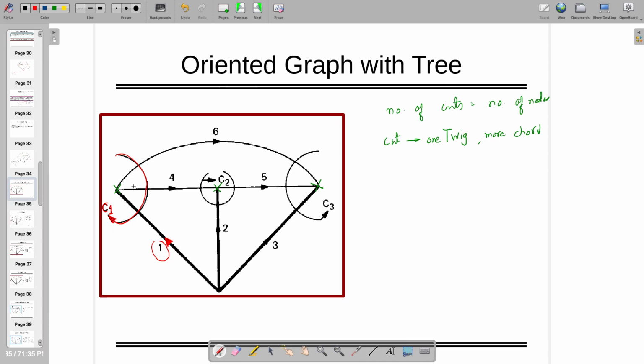So all the directions we are going to check inside, as we agreed in the past cut.